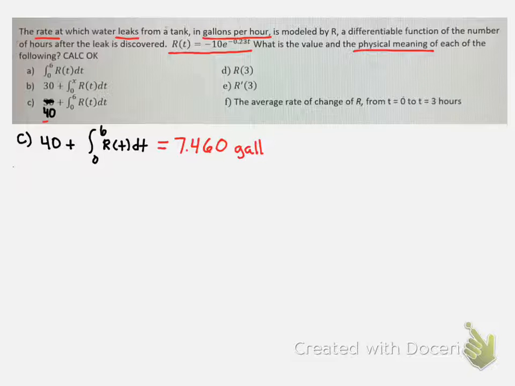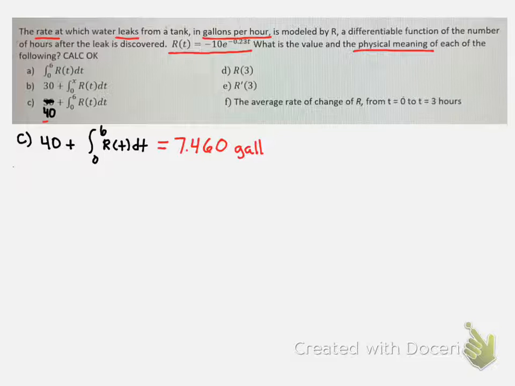The reason I changed from 30 to 40 is that when I had 30, the answer was negative 2.540 gallons. And there's no way, if there were only 30 gallons in to begin with, that you could end up with a negative amount of gallons in the tank. The lowest this could go was 0, so that was kind of a bad problem. So we changed that to 40 so it works out better.